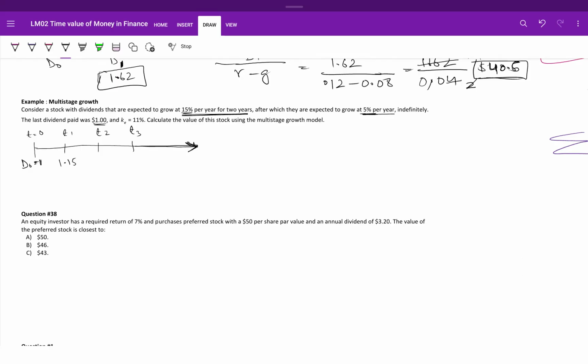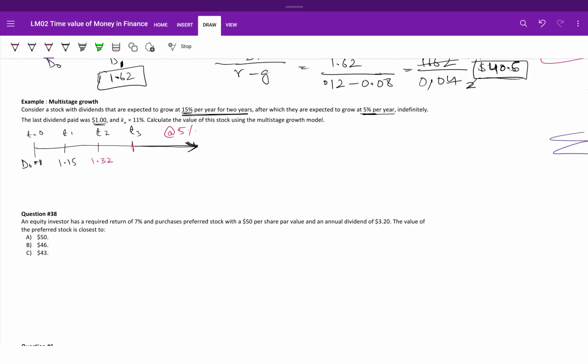At time two this is going to be 1.15 squared, or I can simply say 1.32. Now, from this point forward at time three, the dividend is going to increase indefinitely at 5%.